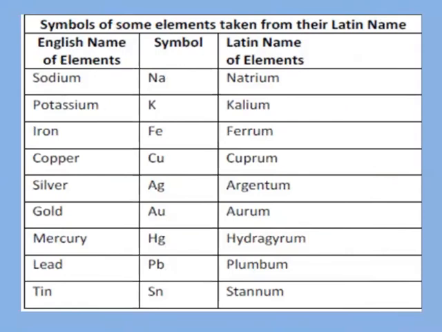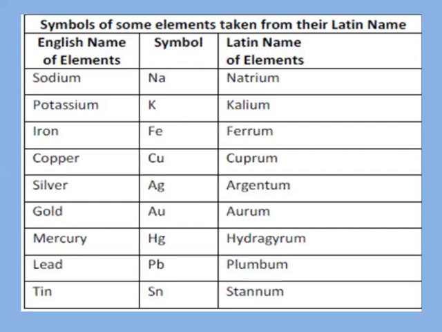For example, for sodium, the symbol is Na, Latin name natrium; potassium K, Latin name kalium; iron Fe, Latin name ferrum; copper Cu, Latin name cuprum; silver Ag, Latin name argentum; gold Au, Latin name aurum; mercury Hg, Latin name hydrargyrum; lead Pb, Latin name plumbum; and tin Sn, Latin name stannum.